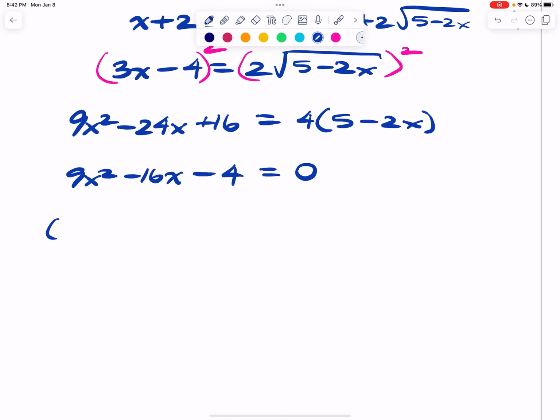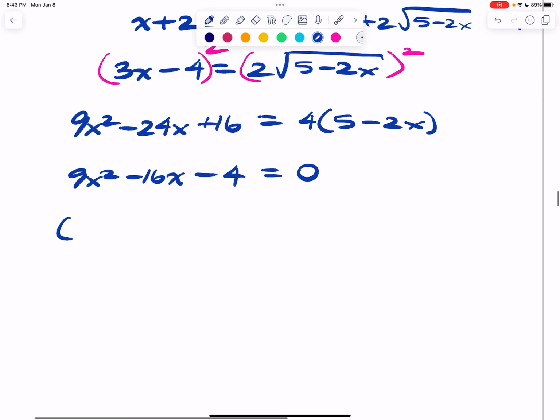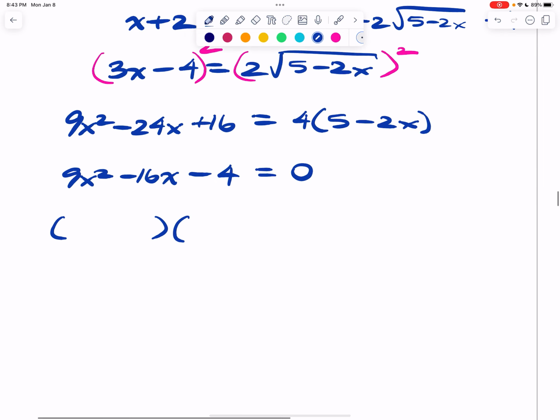This is hopefully factorable. The inside and outside pair either both have to be odd or both have to be even. Let's guess even.